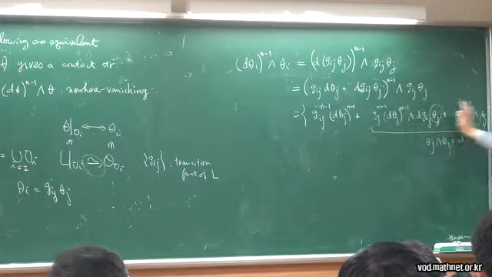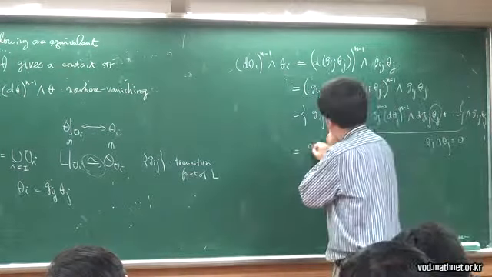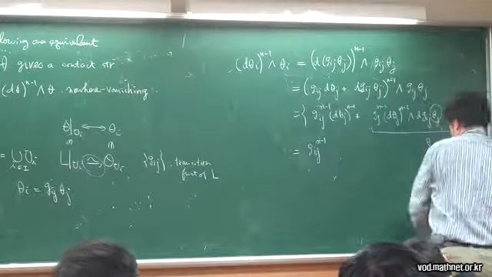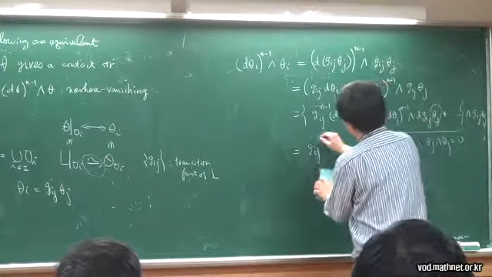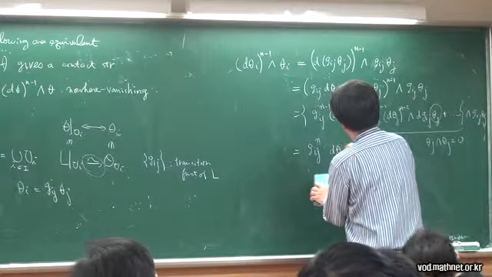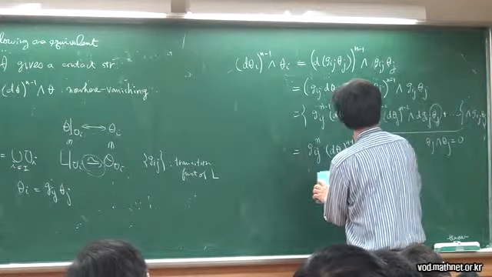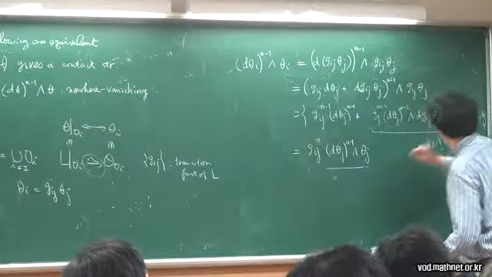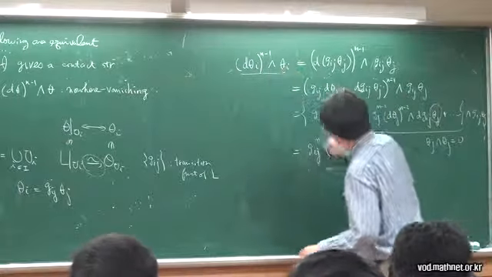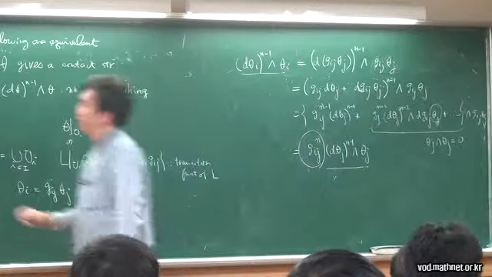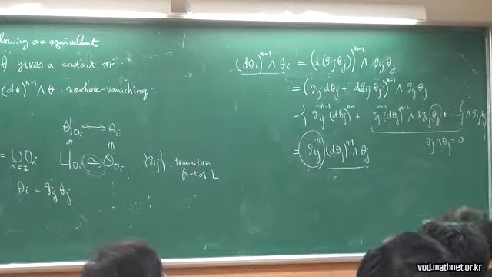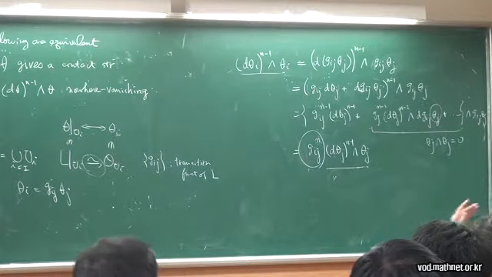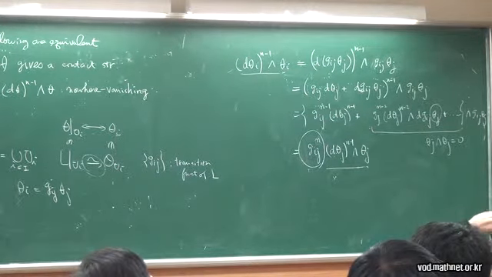So this vanishes. So we have g_ij to the n, theta_j wedge d theta_j to the n minus 1. It has a transition function g_ij to the n. So this is a well-defined element. This is the first part.